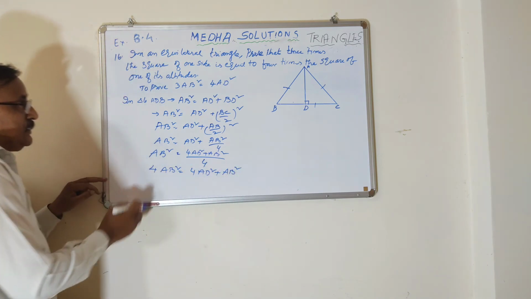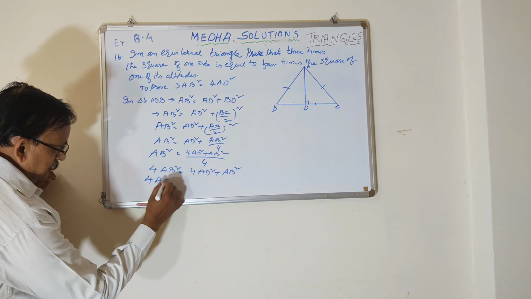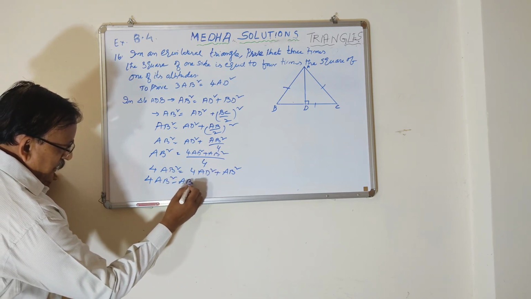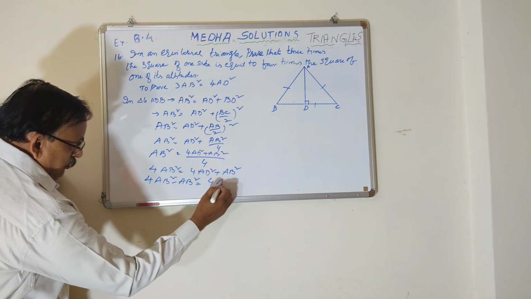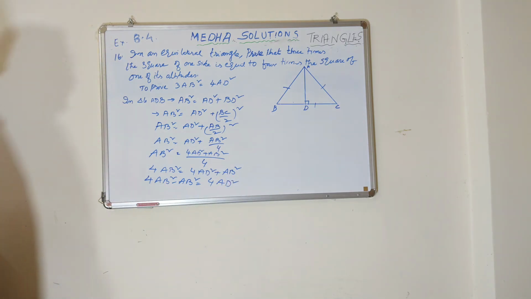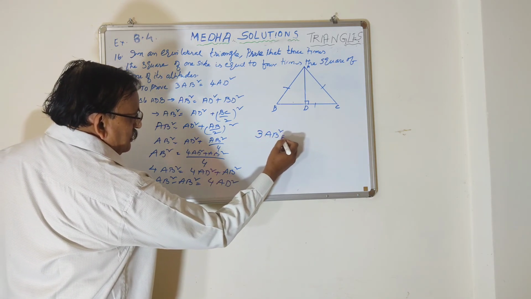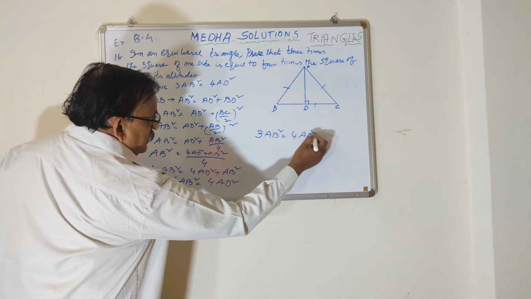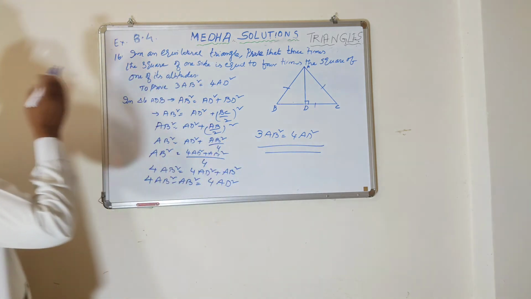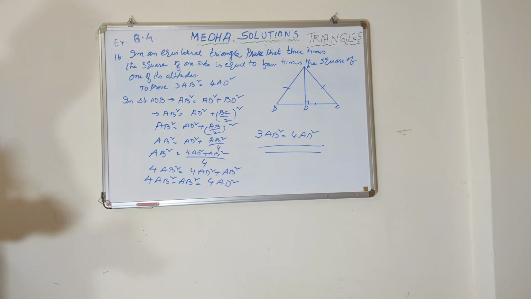Transfer AB square to this side, because we have to prove 3AB square only. So 4 AB square minus AB square is equal to 4 AD square. 4 AB square minus AB square is 3 AB square. So 3 AB square is equal to 4 AD square. We proved the same requirement.